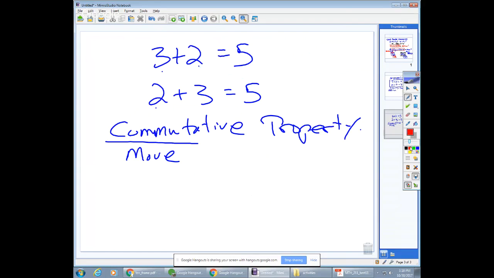No. For example, we know that 5 minus 2 is equal to 3. But what about 2 minus 5? What if I try to change the subtraction? What happens there? I get a negative number, which isn't even a whole number. So subtraction is not commutative, because you can't pick them up and move them and still get the same answer.